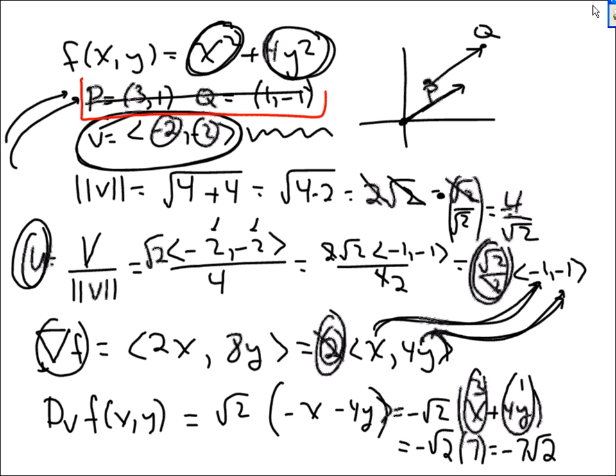There was a point P in the direction of Q. But nonetheless, the point was still 3, 1. -7 square root of 2. So be careful about ignoring negative signs because they change the direction.